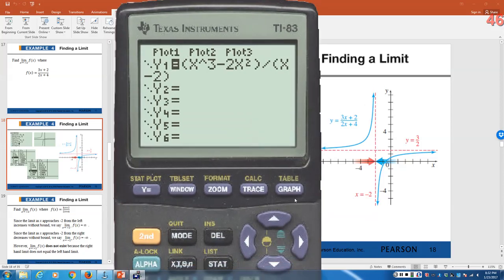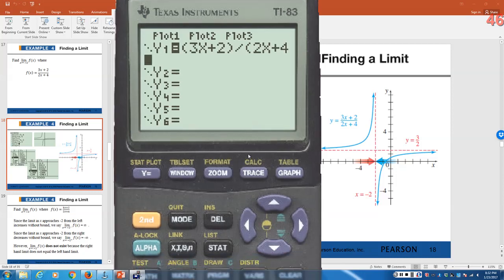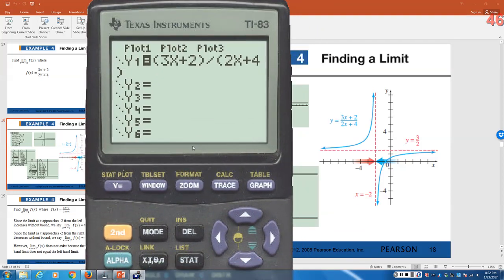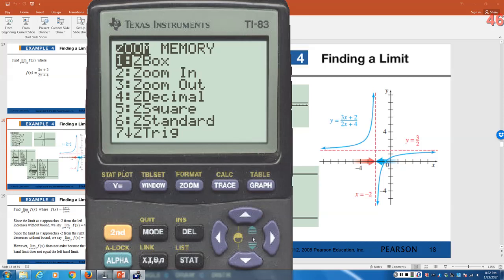And y equals is going to be 3x plus 2 in the numerator, and it's going to be 2x plus 4 in the denominator. And this time I'm going to start out like I did before. I'm going to go to the zoom window. I'm going to go down to zoom decimal.